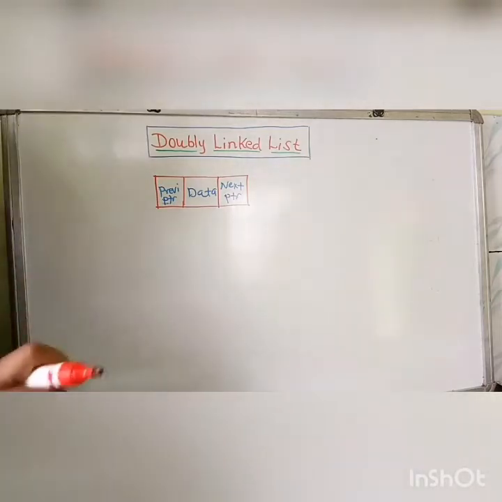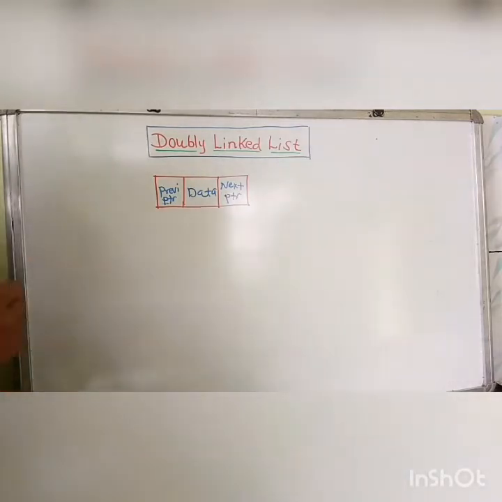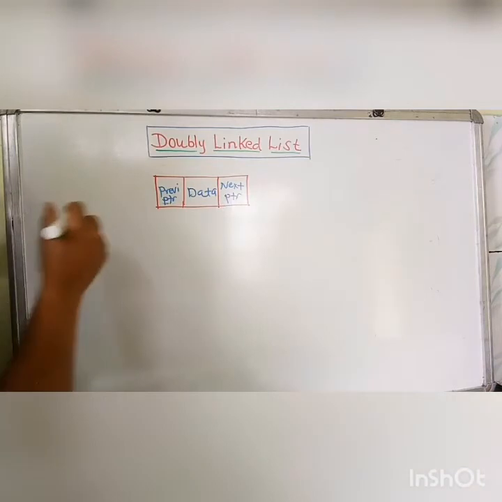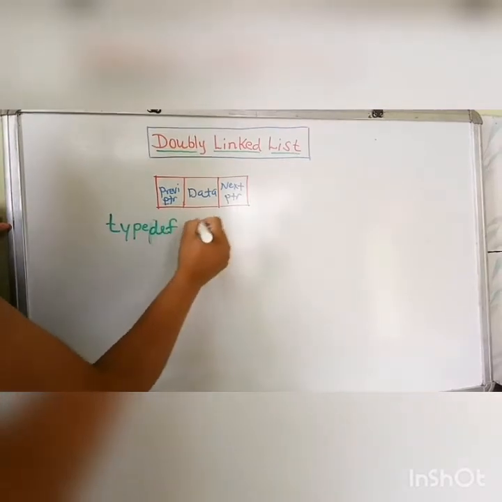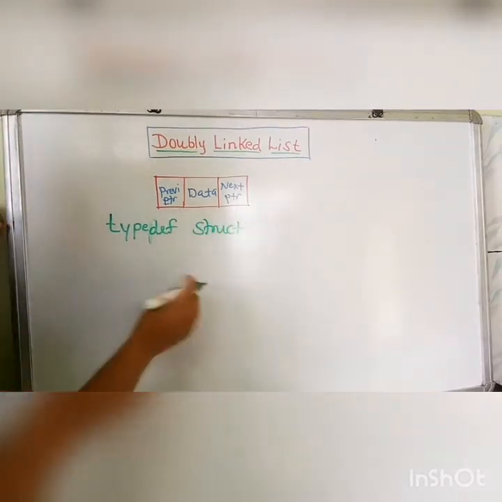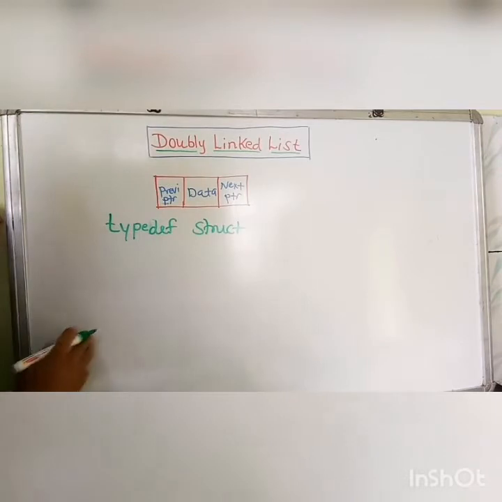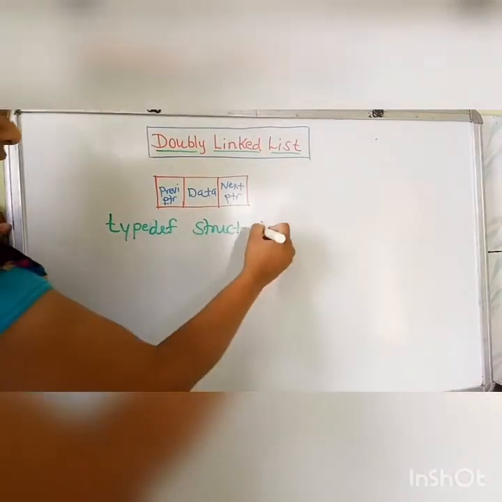Now we will try to write the node structure of a doubly linked list. By the regular mechanism, we all know that it should be of type structure. So it is a typedef struct and it is a node.